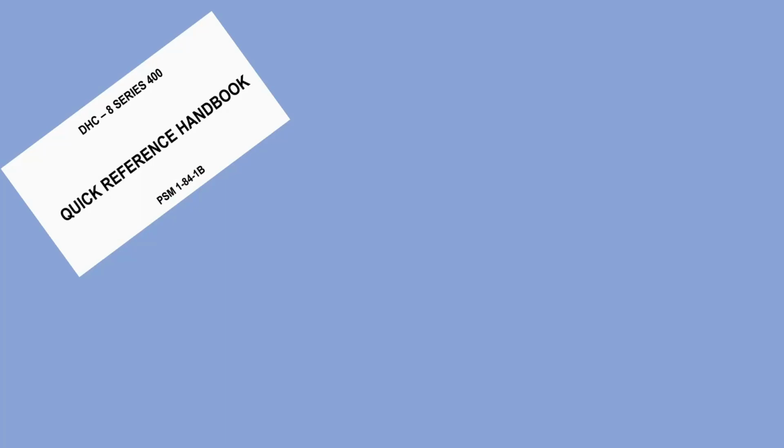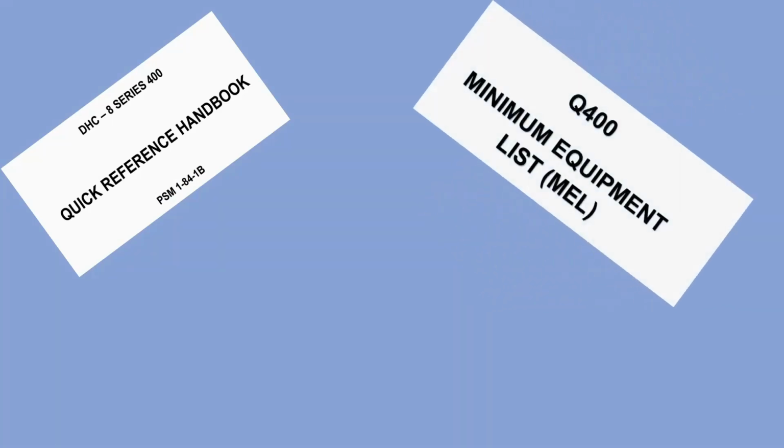The next thing you have is the MEL, the minimum equipment list, which tells you what you are required to dispatch with should you face a fault. Are you allowed to dispatch with that faulty component or not? Or maybe you are, and there is a time given for that malfunction to be cleared or the component to be repaired or replaced. You find all this in the MEL very clearly laid out.